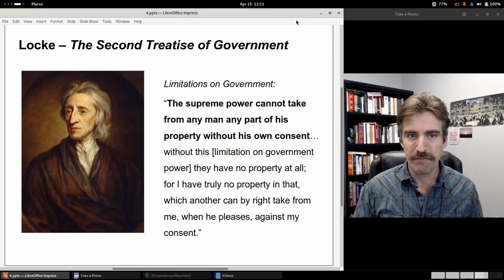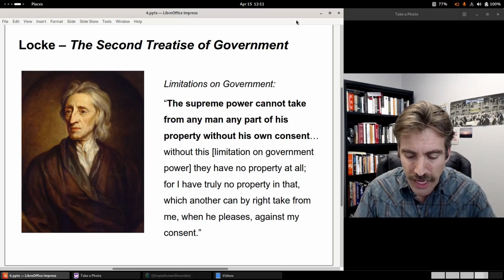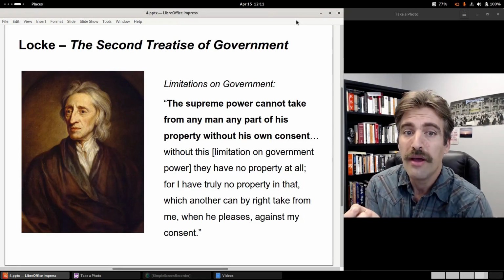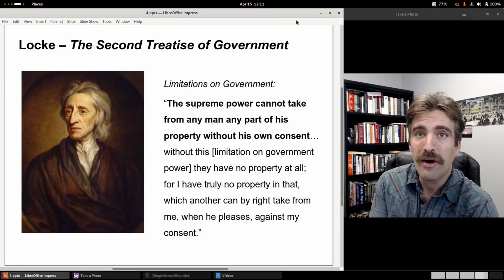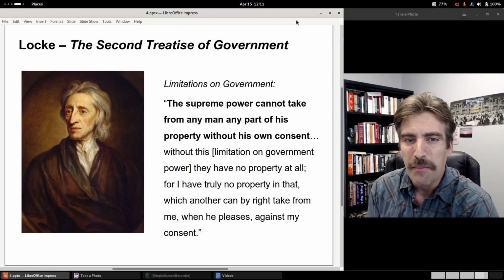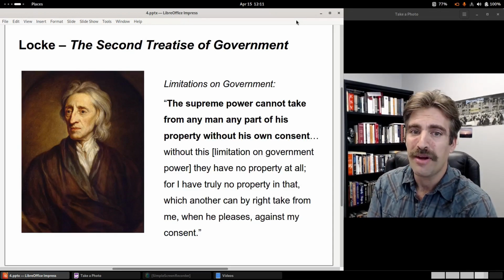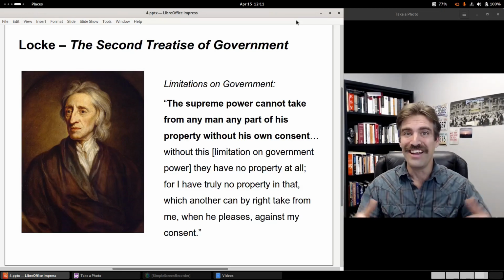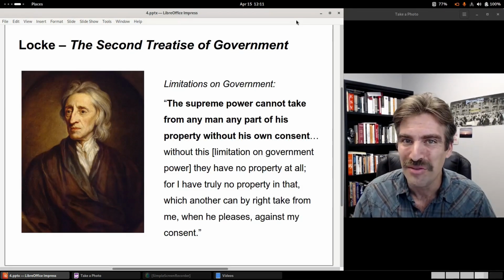Another limitation that Locke emphasizes in this second treatise. Quote, "The supreme power," meaning the legislative, "cannot take from any man any part of his property without his own consent." Again, you don't find anything like this in Hobbes.